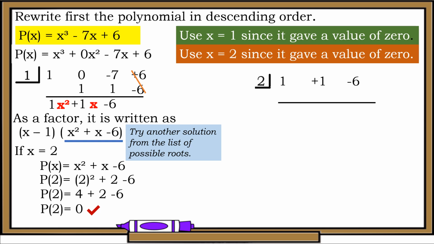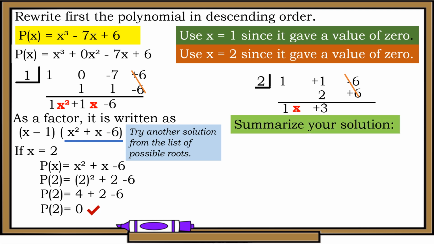Now, use synthetic division. Bring down 1. 1 times 2, 2. Then add 1 plus 2, 3. 3 times 2, 6. Negative 6 plus 6 is 0. So, walang remainder. Yung 3 dito, yun yung constant term, at yung 1, yun yung numerical coefficient ng x.